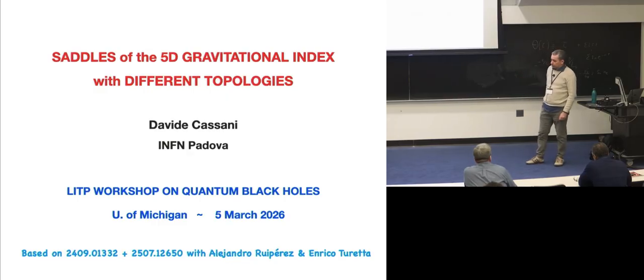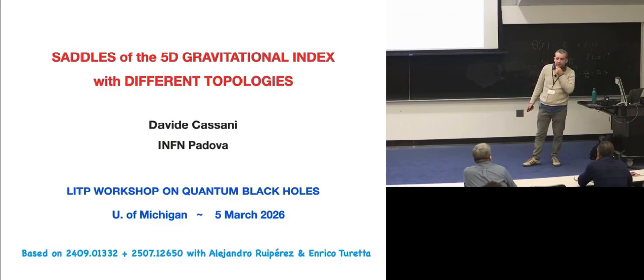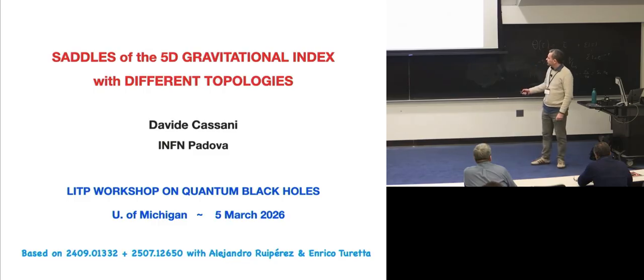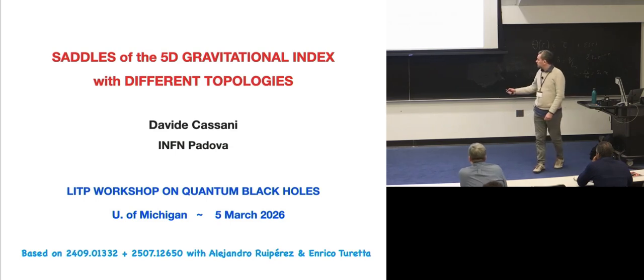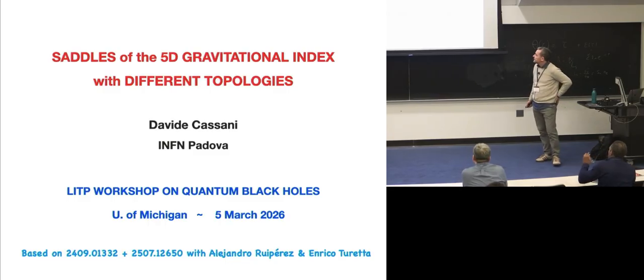So the topic of the talk will be the five-dimensional gravitational index and its saddles with different topologies. And this is based on work done in collaboration with two great collaborators, Alejandro Ruiz Perez and Enrico Turretta. Alejandro will soon be back to Padova as a postdoc, and Enrico was my graduate student and has now moved to Seoul in Korea.